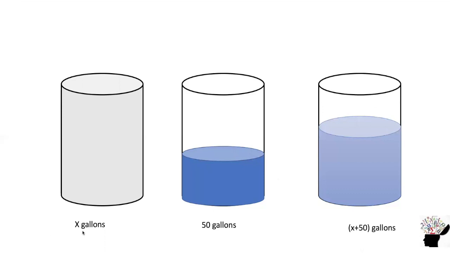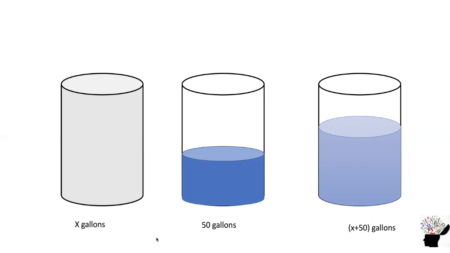Now we know that the gallons of distilled water is X, and the gallons of alcohol solution is 50. So from here, this one is before mixing and after mixing. Before mixing we have X and 50. After mixing, we are going to get X plus 50 gallons.